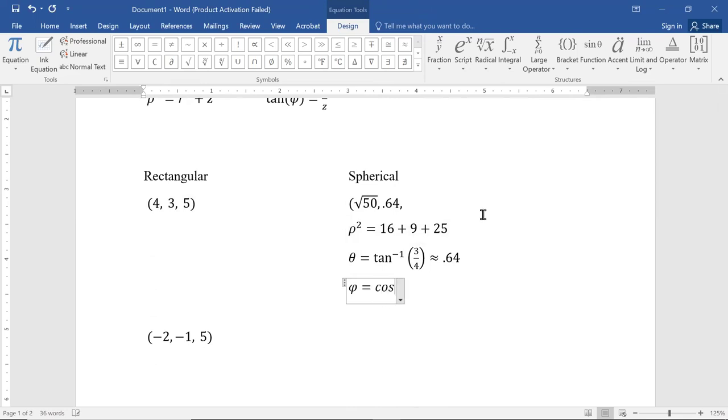So it's going to be cosine inverse of 5 over square root of 50. By the way, cosine inverse gives me back values from 0 to pi.